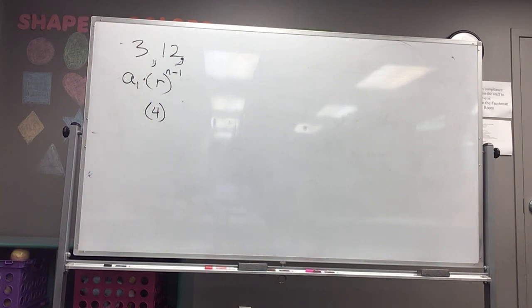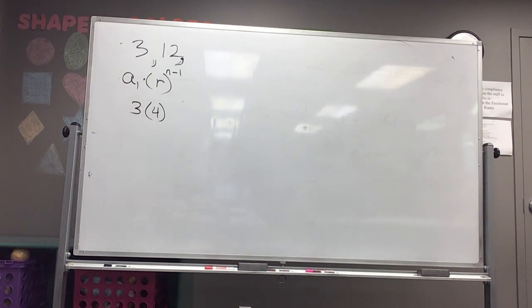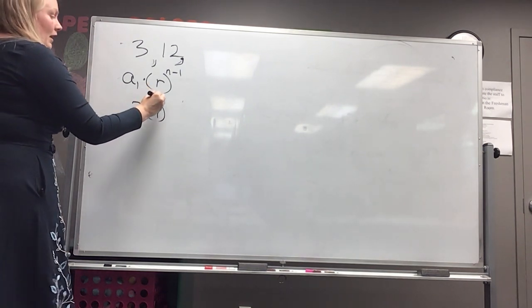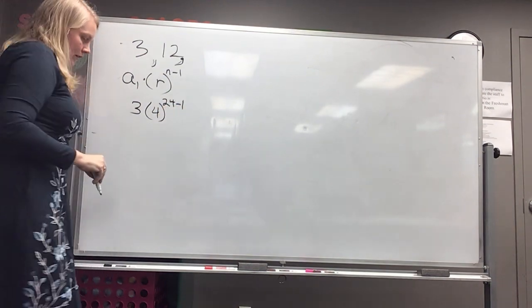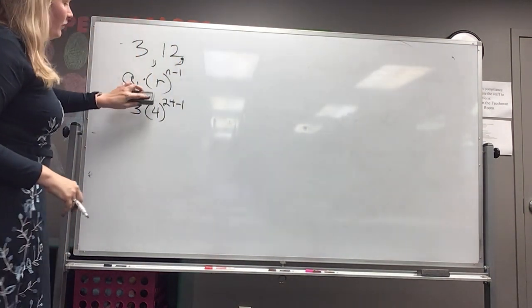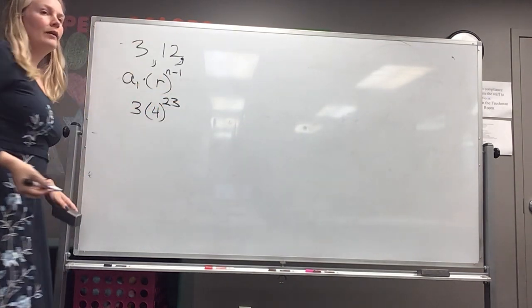What's our first term? 3. Pretty obvious. And if we want the 24th term, we're going to be taking 24 minus 1, and that's going to simplify down to 23.